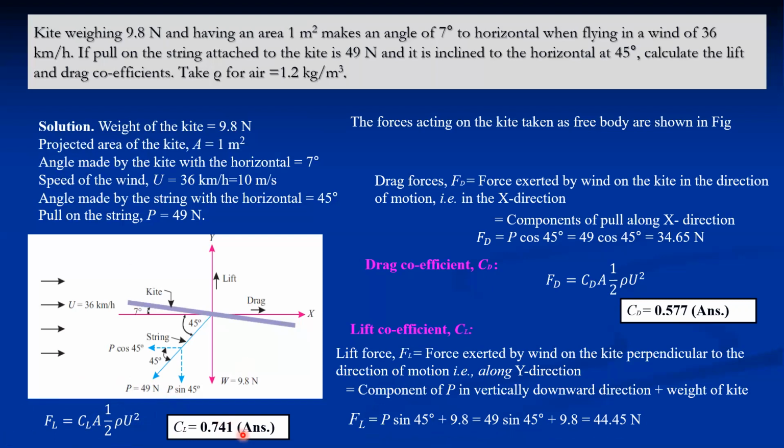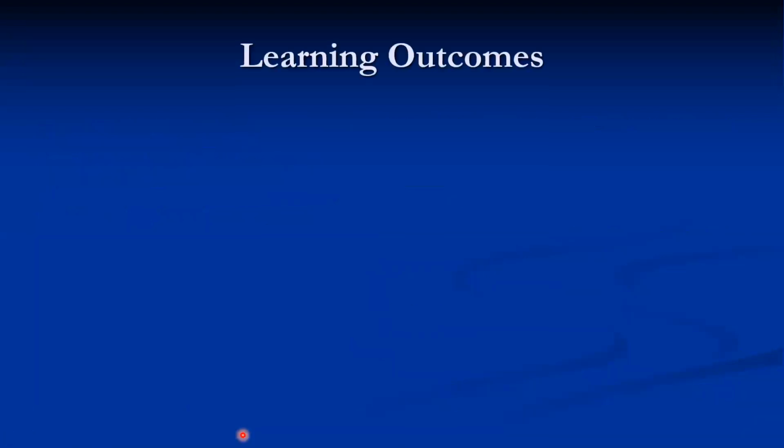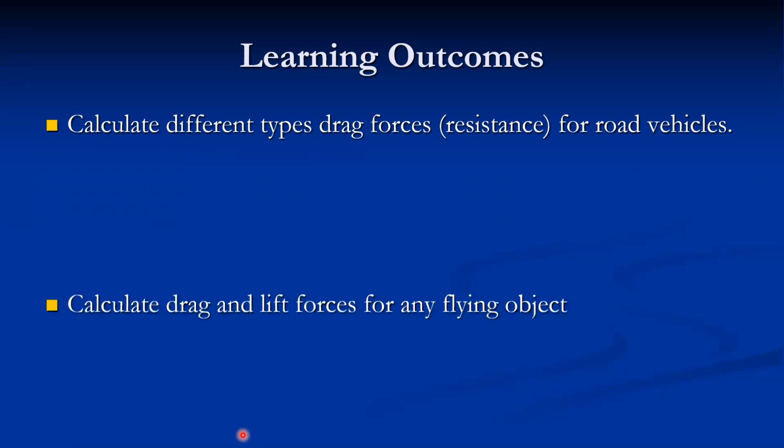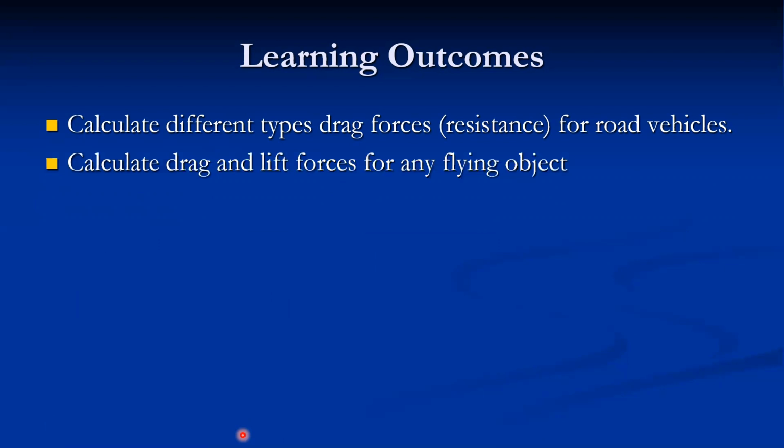So in this we have covered almost all types of examples. At the end of this particular session, you will be able to calculate different types of drag forces, that is, resistance for road vehicles, and also you will be able to calculate both drag and lift forces for any flying object like the kite we have discussed. In the case of a parachute, even though it is a flying object, it is a symmetric object.